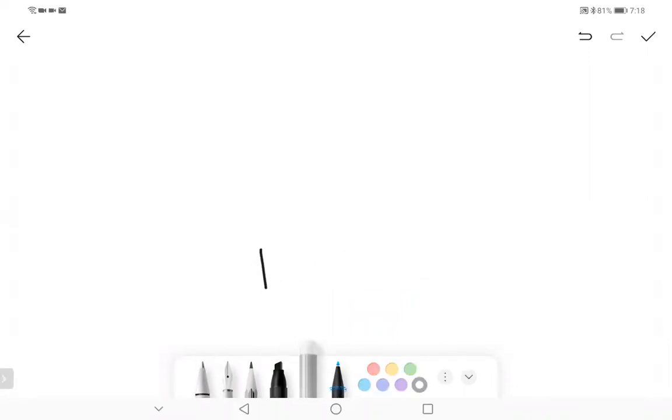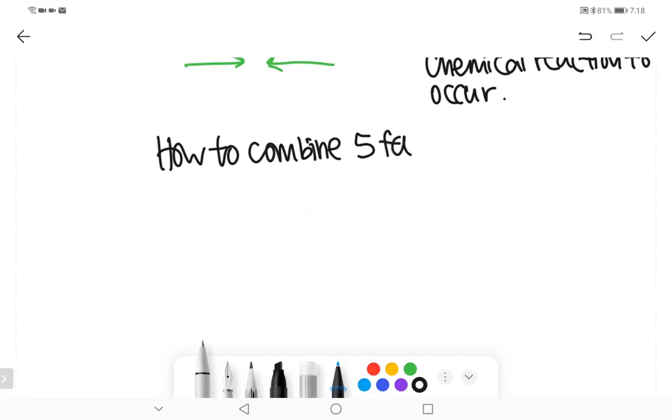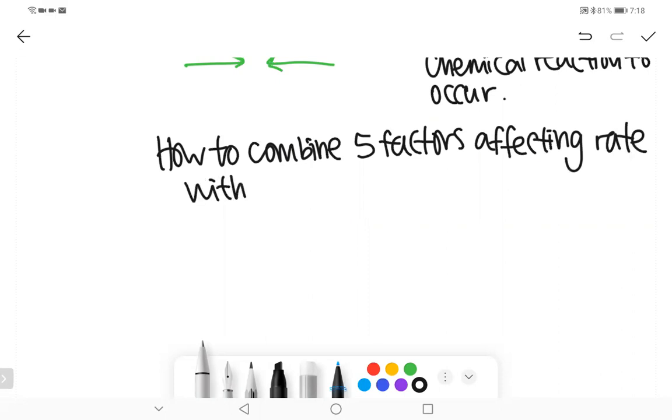Okay, so the last thing for this lesson that we need to learn is how to combine the 5 factors affecting the rate of reaction, which we learned early on today, with collision theory.